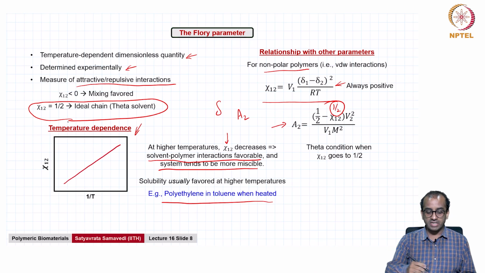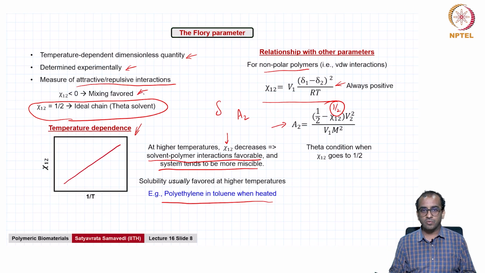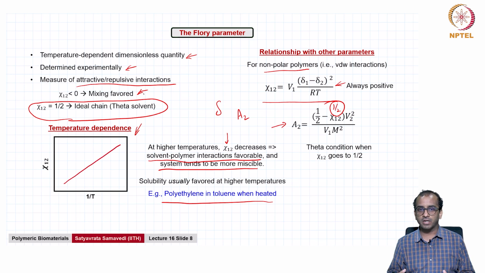And as we have already said, chi12 has to be negative for mixing to be favored, or even if it is positive, mixing can be favored if entropic contributions significantly dominate.